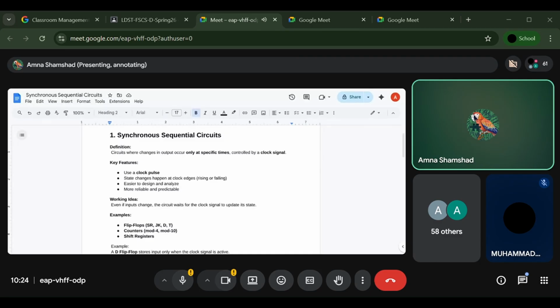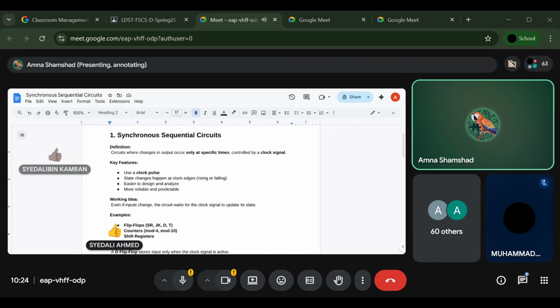The main concept is that the synchronous circuit has the clock signal. It will change its output when you apply a clock signal on it. And asynchronous will not be affected by the clock signal. Is this clear? So what is the basic difference between synchronous and asynchronous? Class, please thumbs up or write yes or no.